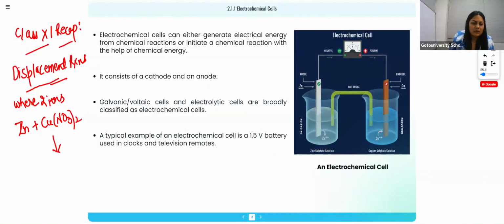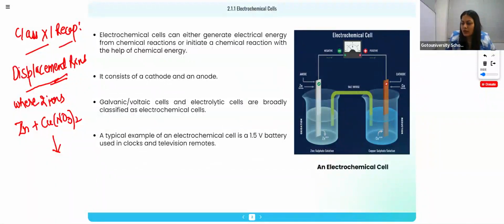in this chapter, right? Now here in this reaction, zinc is a cation and copper also has a positive charge, okay? So we are having two ions. Now how does the displacement reaction take place?